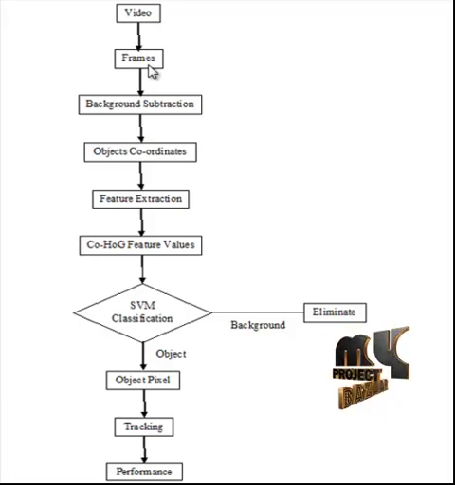The overall frame height and width in the video is calculated, and based on that the video is converted into frames. Then we employ the background subtraction process. Each frame is subtracted from the reference empty background frame in order to remove the background regions present in the videos. After the subtraction of the background, the object coordinates were estimated.